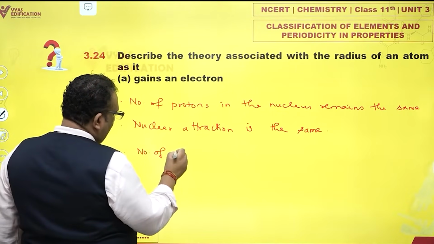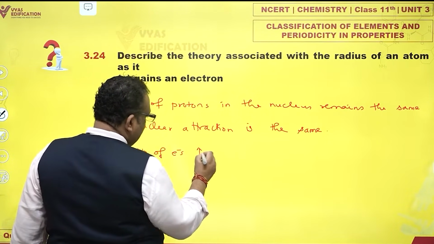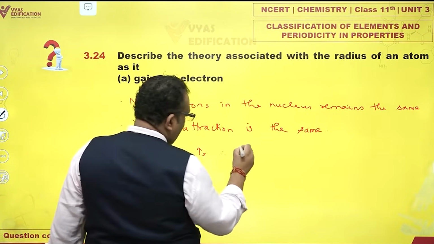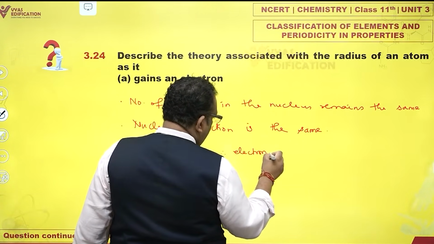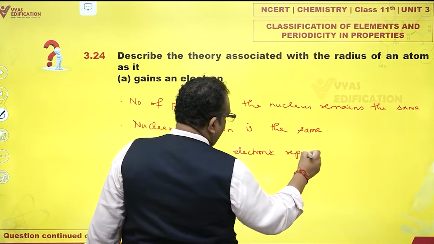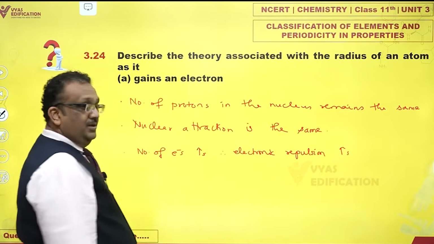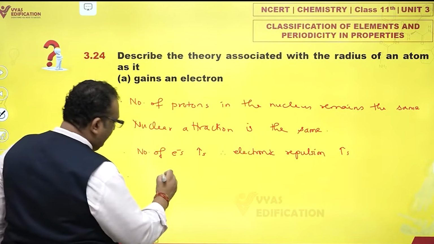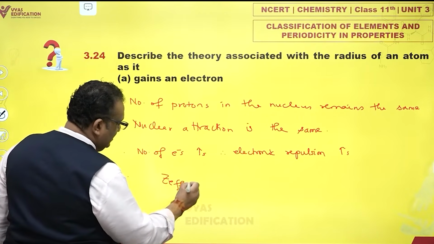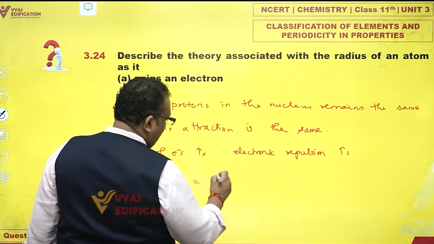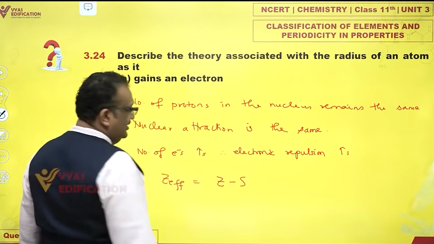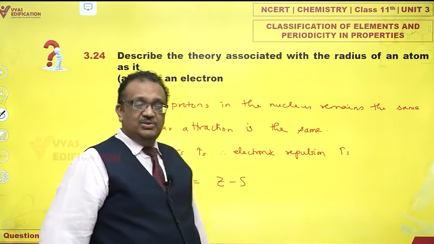Number of electrons increases. Therefore, electronic repulsion increases. There is a concept called effective nuclear charge, which is atomic number Z minus S, where S is the screening constant.